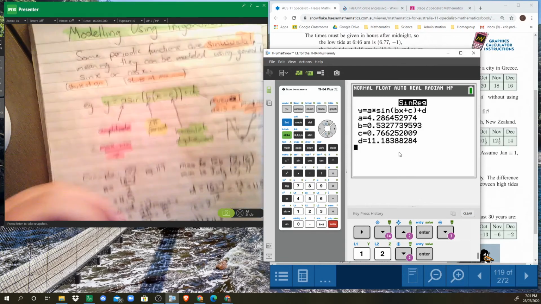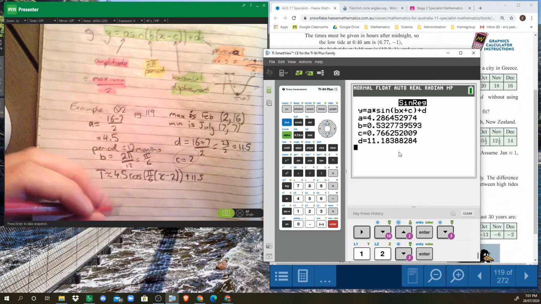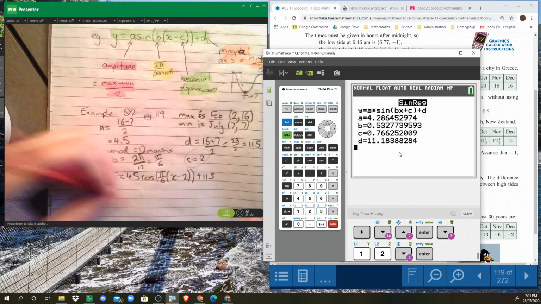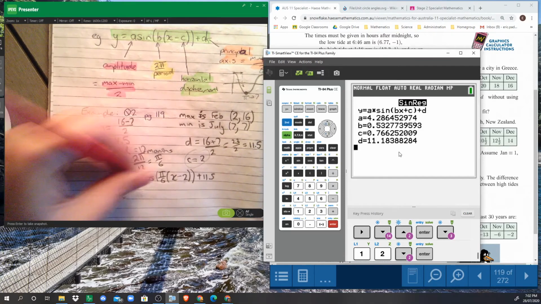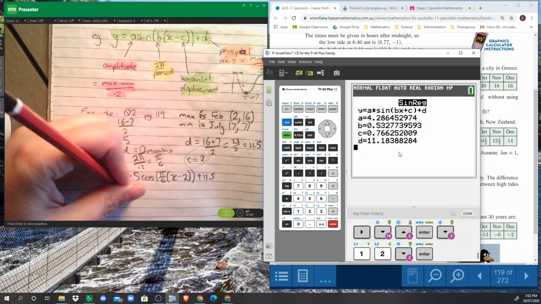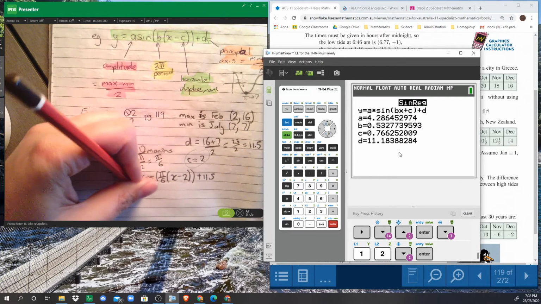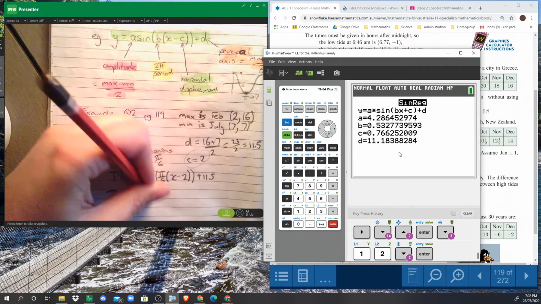So in that case, we're getting some values that do look similar. Their value of A approximates 4.2. I'm going to round to 3 significant figures. There's this sine though. Now sine and cosine are related.